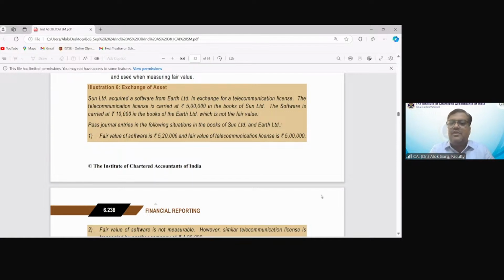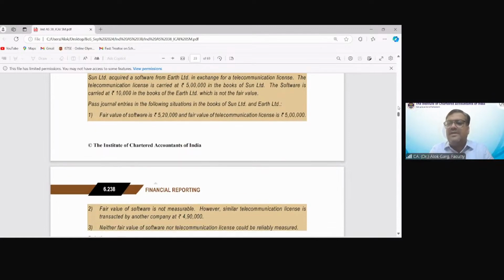Pass journal entries in the following situations in the books of Sun Limited and in the books of Earth Limited. Whenever this kind of question comes, note that it includes 2 parties, purchaser and seller. Both parties have some intangible asset. Both parties have the WDV of the intangible asset in their respective books of accounts. And the question demands journal entries in the books of both the parties.